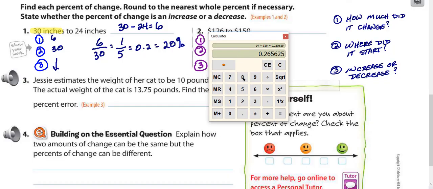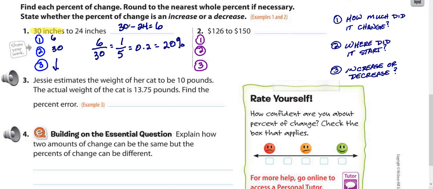If you had grabbed the calculator, and that's all right, and you had done 6 divided by 30, you would get 0.2. Since this went down, we said it was a decrease, this problem showed a 20% decrease. That's the answer to number 1, 20% decrease.